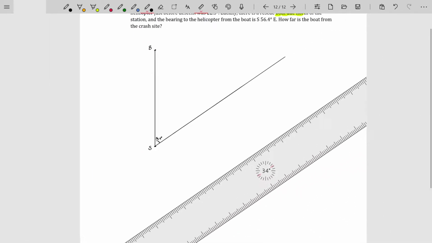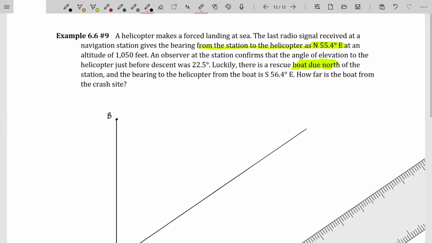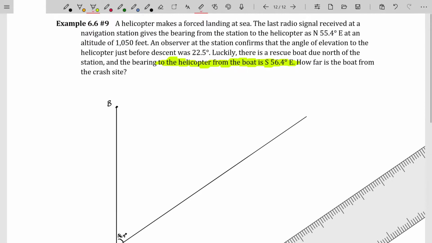All right, great. And then from the boat, let's go ahead and highlight what I'm talking about now. So we've taken care of that first part, the observer from the station. Okay, the bearing to the helicopter from the boat is south by 56.4 degrees east. Oh, that's my problem.